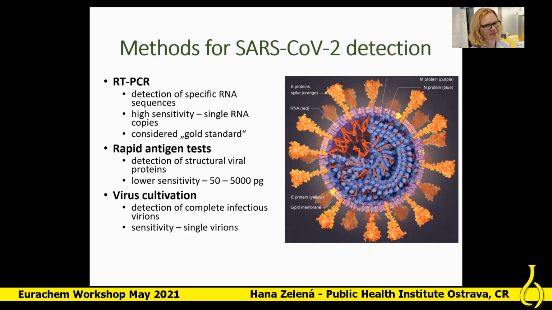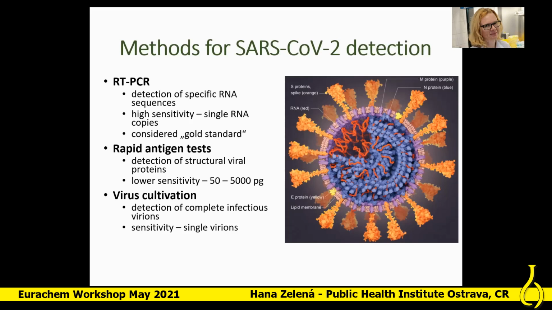And the third method, which is not intended for routine use, but better for confirmation, is the virus cultivation, also called viability test, which is the only method with which we can detect the complete infectious virions.